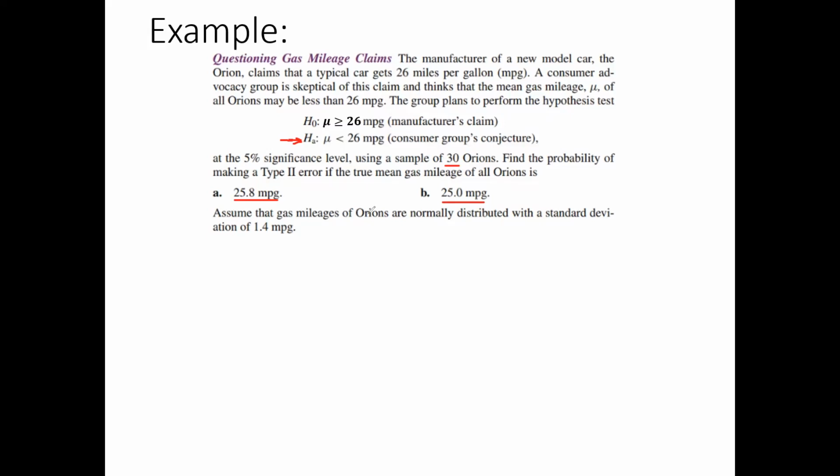We're going to assume that the gas mileages of the Orions are normally distributed and that we do know the standard deviation. And again, this is just to make the math a little bit easier so you can focus on the new part I'm trying to teach you, which is the power. So this is going to be our sigma here. So sigma is known in this case.